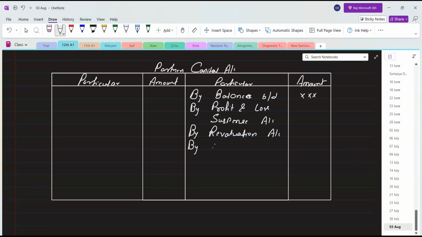By reserve, and if we have to receive goodwill, so by remaining partners, or you can say gaining partner capital account, because they will give the share of goodwill to the deceased or retiring partner.